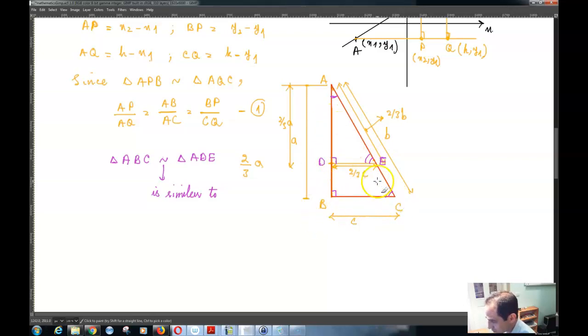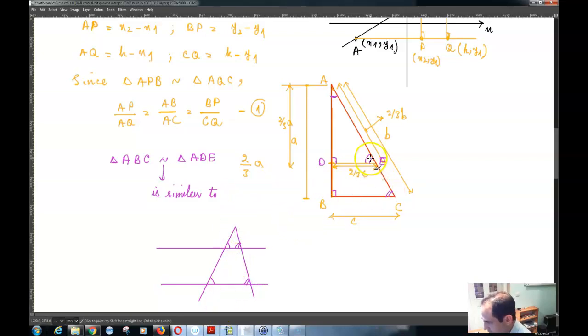You know about the parallel lines and the transversal: if you have 2 parallel lines and then some situation like this, then this angle is going to be equal to this angle, and this angle is going to be equal to this angle.